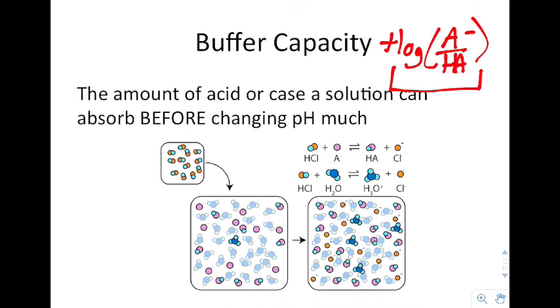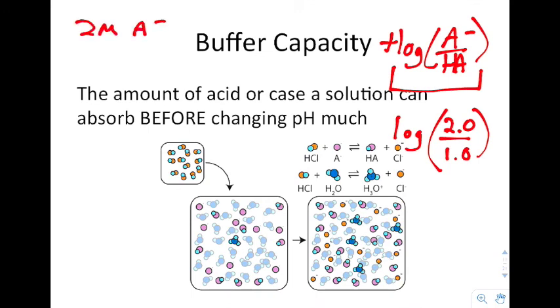So really you're looking for running out of stuff. A lot of times you'll see something like this: I have 2.0 and 1.0, meaning I have 2 molar A minus and 1 molar HA. So this could be something like acetate and acetic acid. The buffering capacity of this particular buffer is different for each value.